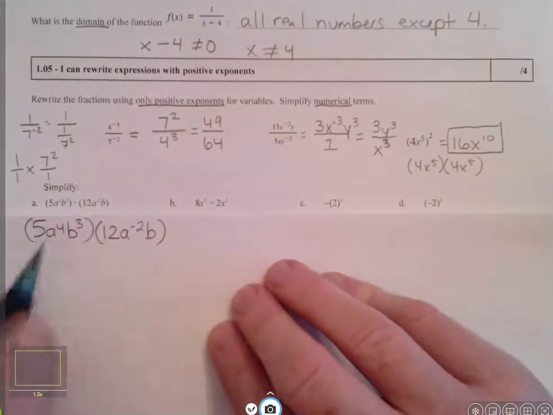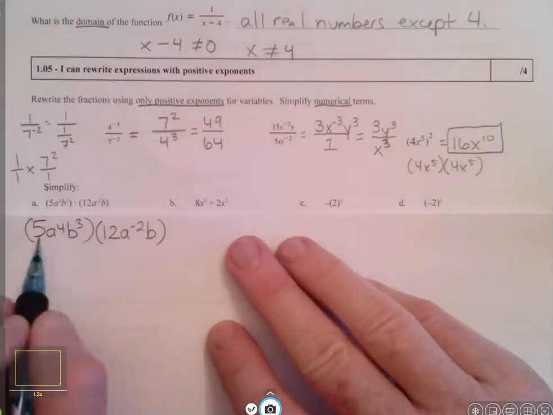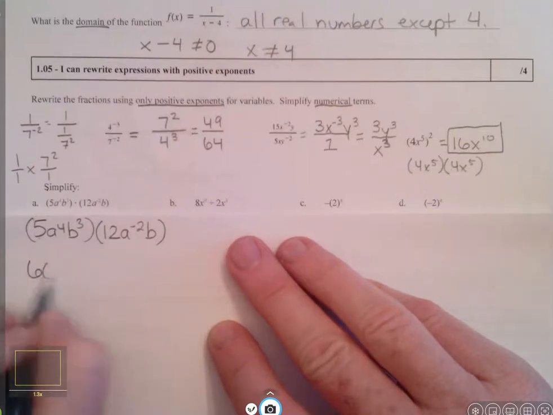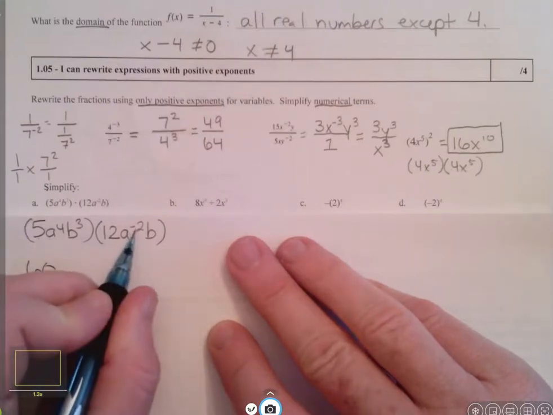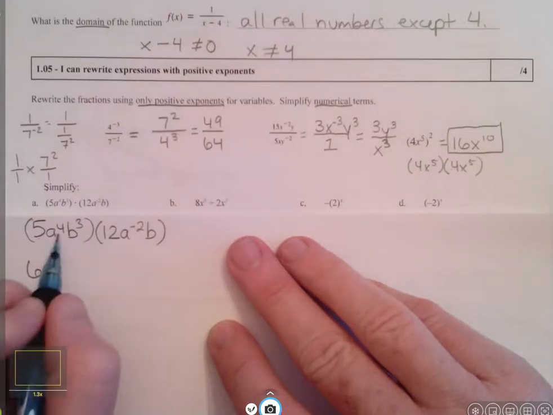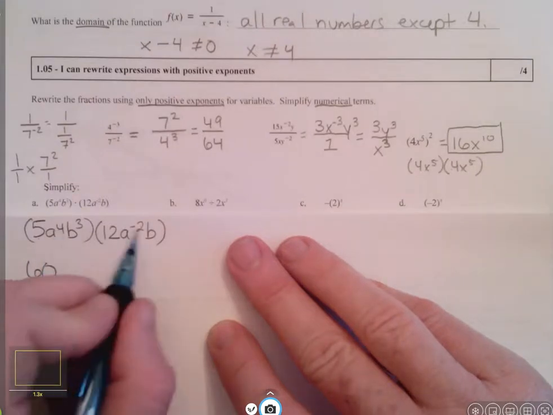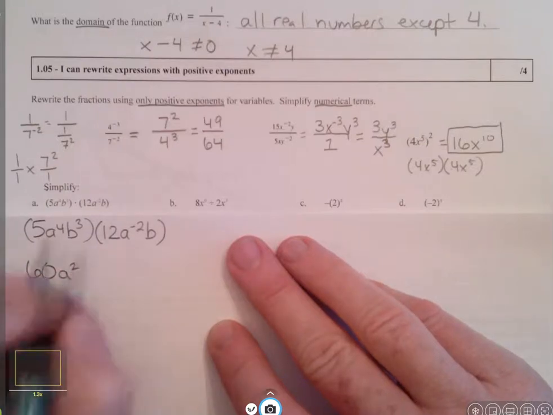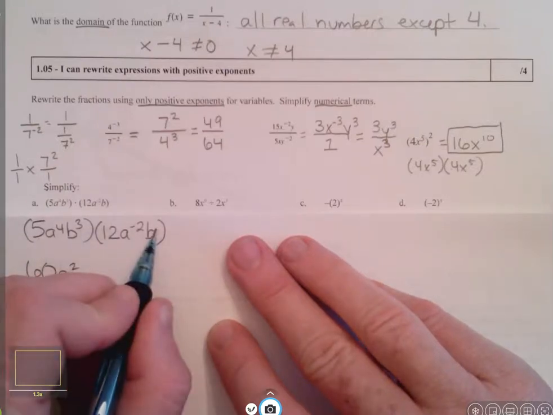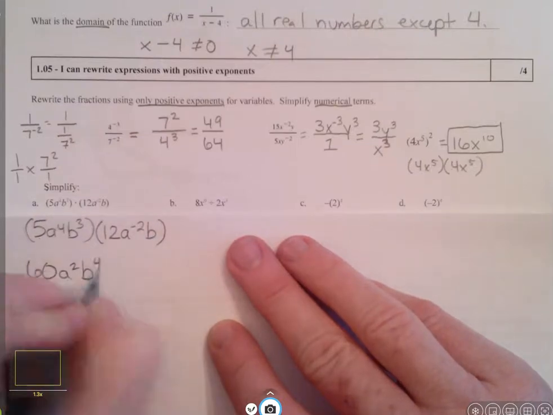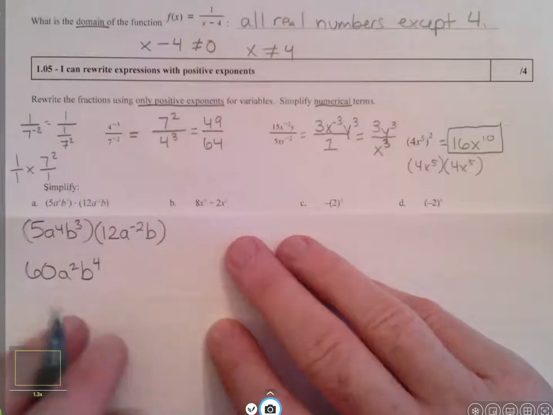Okay, so this is just multiplication. 5 times 12 is 60. A to the 4th times a to the negative 2. Okay, here, this is the product rule. 4 plus a negative 2 is a squared. 3 plus, if there's no exponent, there's a 1 there. 3 plus 1 is b to the 4th. Okay, that's the first one.